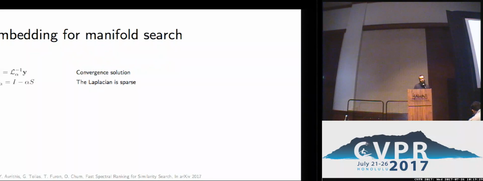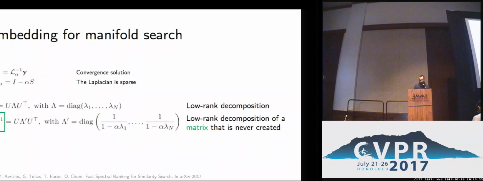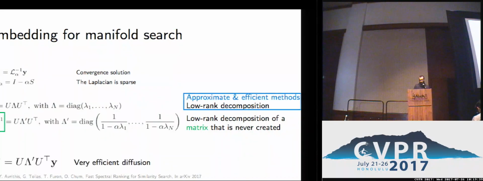Now, we focus on this solution again for even large-scale problems. I will not get into many details, but we propose to approach this with a low-rank decomposition of such a matrix. The nice part is that we never have to explicitly construct this matrix that is not sparse and is large to compute and store.